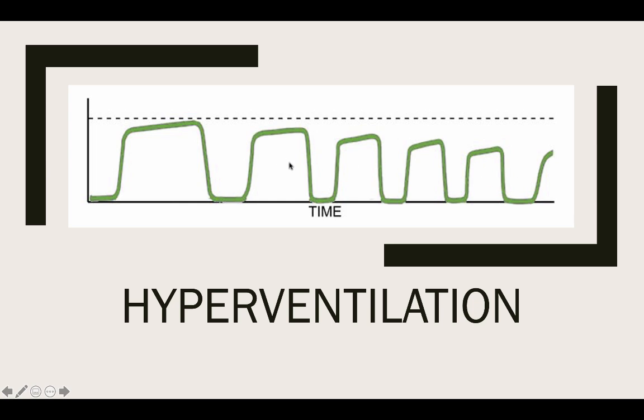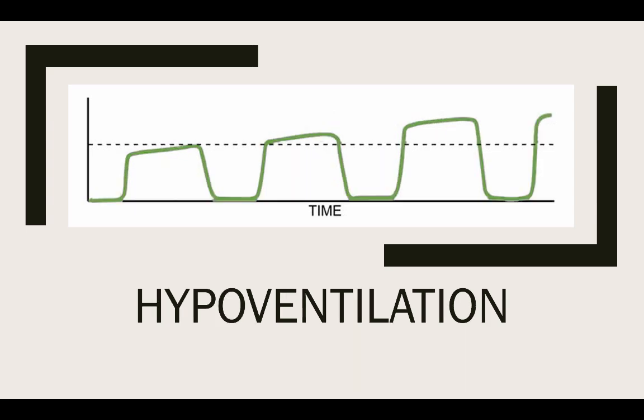They're closer together, and they're getting shorter and shorter in a height sense. So they're closer together, meaning I'm breathing faster. They're getting shorter in height, meaning my end tidal CO2 is going down. So this is a typical simple hyperventilation capnography waveform.